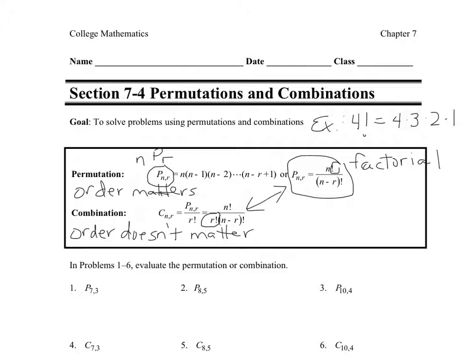It could be the same 3 people, but if they change offices, it's a different set. That's a permutation. But on the other hand, if I just wanted to put together a committee of 3 people, would Ted, Fred, and George be a different committee than if I had George, Fred, and Ted? That's the same committee. The order I write their names down in would not matter. So what we have to do is divide out the extra times that those were being counted from the permutation.